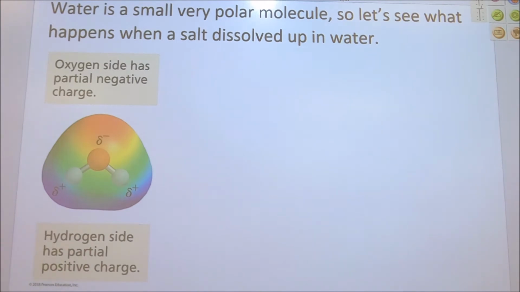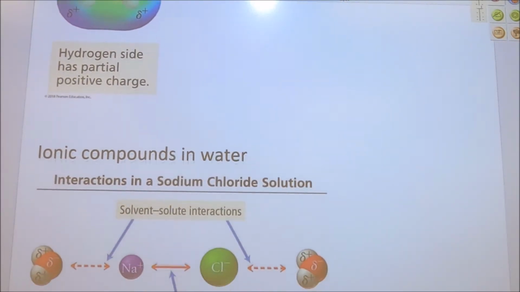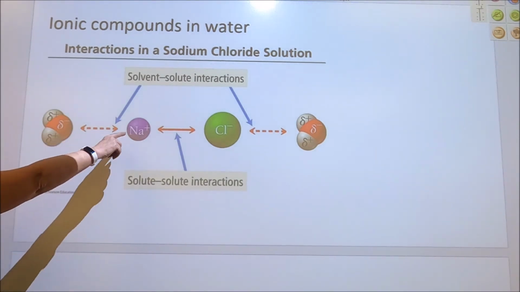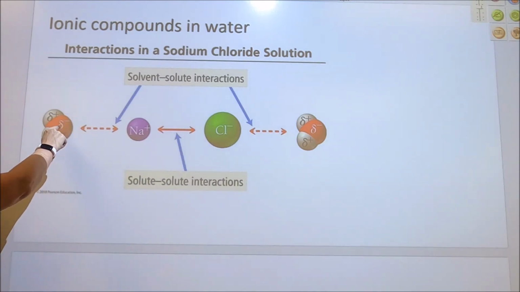So being very small and very polar allows water to interact very strongly with cations and anions. So when ionic compounds dissolve in water, something like sodium chloride, the sodium is going to have an interaction with the negative end of the water molecule.